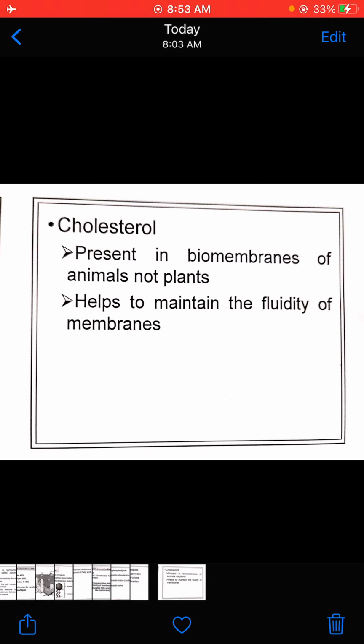So cholesterol overall maintains and regulates the fluidity of the animal membrane. So talking specifically about the lipids and the different types of lipids, we have covered all the different classes of lipids, and now we are going to discuss the different types of proteins which are also present in the biomembrane.